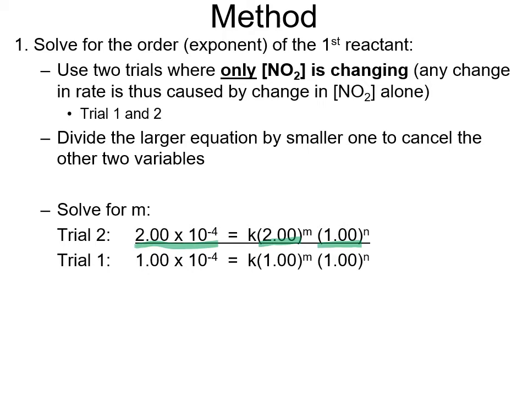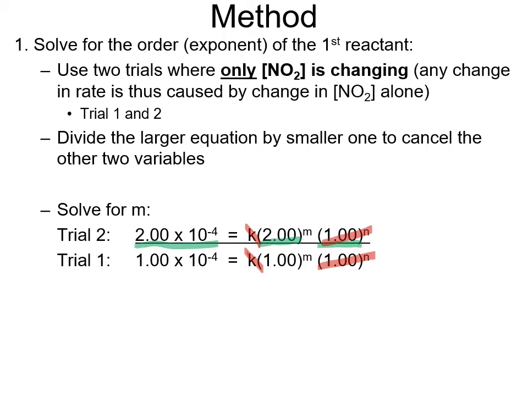This gets rid of our k's, because k divided by k cancels out. More importantly, it gets rid of our n exponents, because 1 to the power of n divided by 1 to the power of n also cancels out. So very quickly we've gone from three variables in our equation down to one variable by using trials 1 and 2.